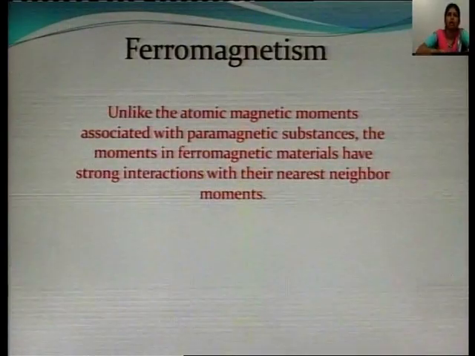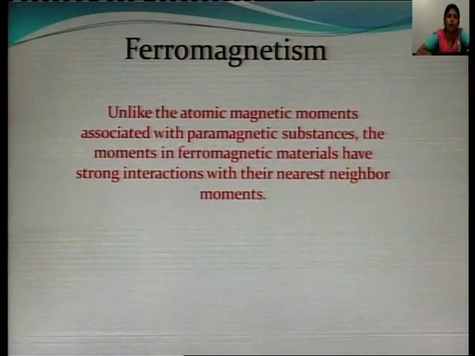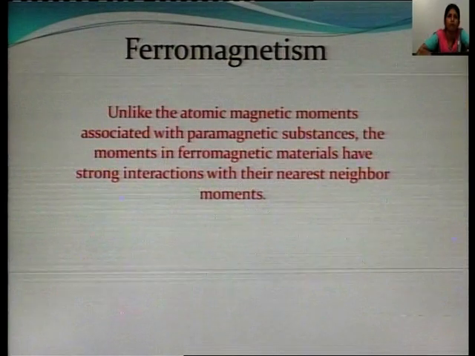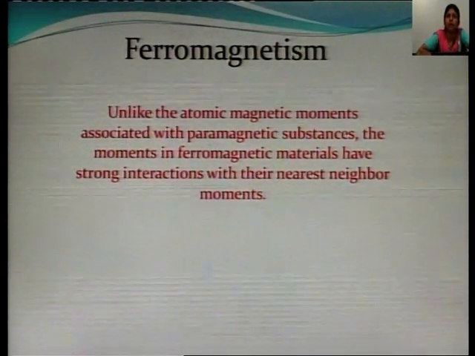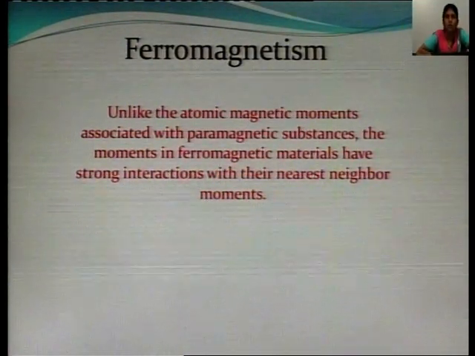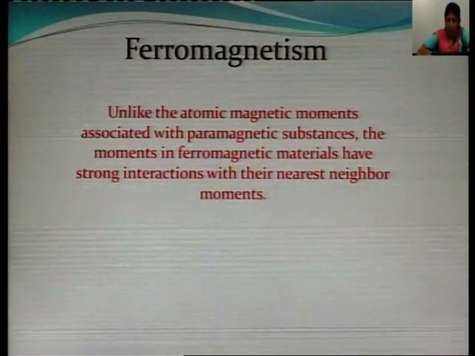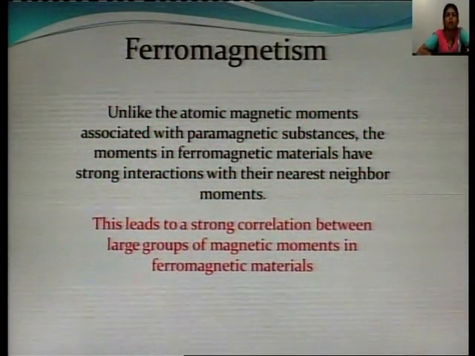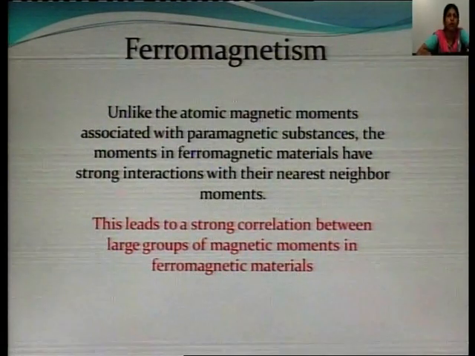Unlike the atomic magnetic moments associated with paramagnetic substances, the moments in the ferromagnetic materials have strong interactions with their nearest neighbor moments. Means you can say that ferromagnetic materials are those materials which possess strong magnetic properties, and this leads to a strong correlation between large groups of magnetic moments in the ferromagnetic materials.